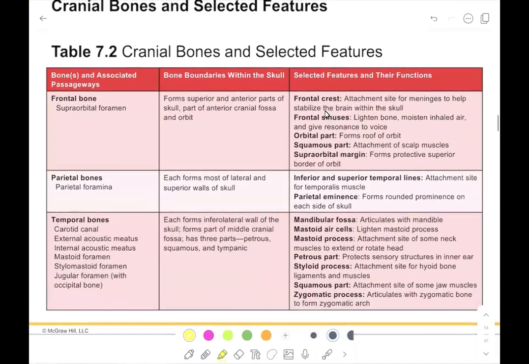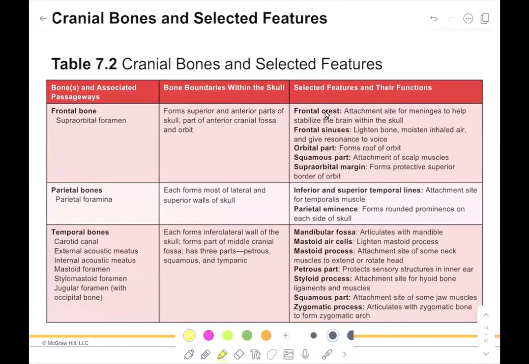This table is listing some of the main cranial bones and their selected features. So I'm going to go through and highlight the important ones that I want you to know. So on the frontal bone is the supraorbital foramen. Other features on the frontal bone are not really important to know. On the parietal bone, there aren't any that you specifically need to know.